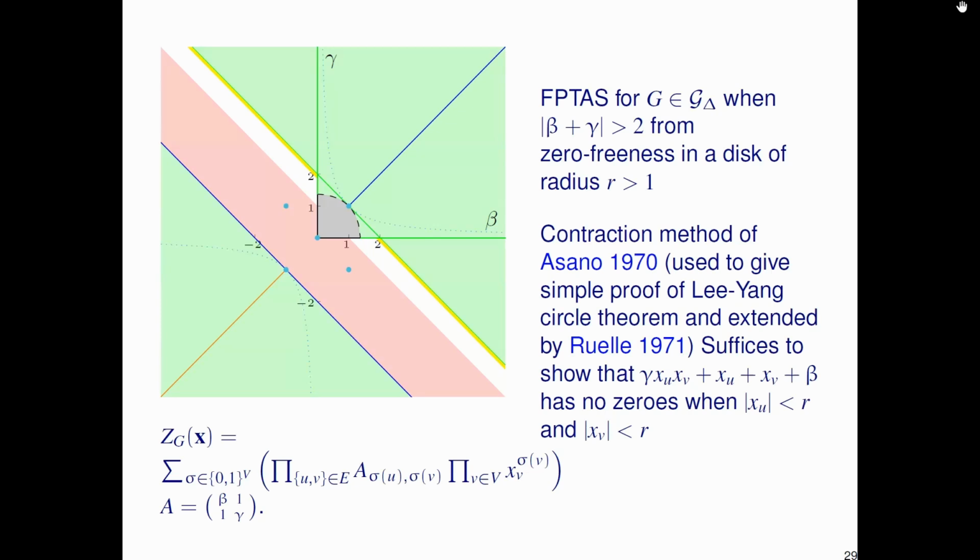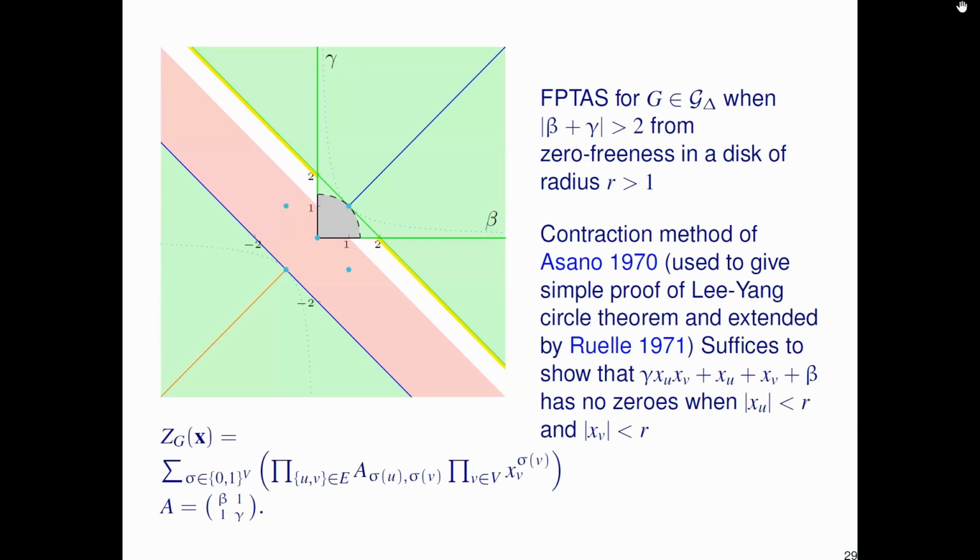To give you the high level view, we're going to look at a very simple polynomial. Where does it come from? If you look at the edge UV, what's the contribution of the edge? If U and V both have spin 1, I get a gamma. If they both have spin 0, I get a beta. Otherwise, I get that.